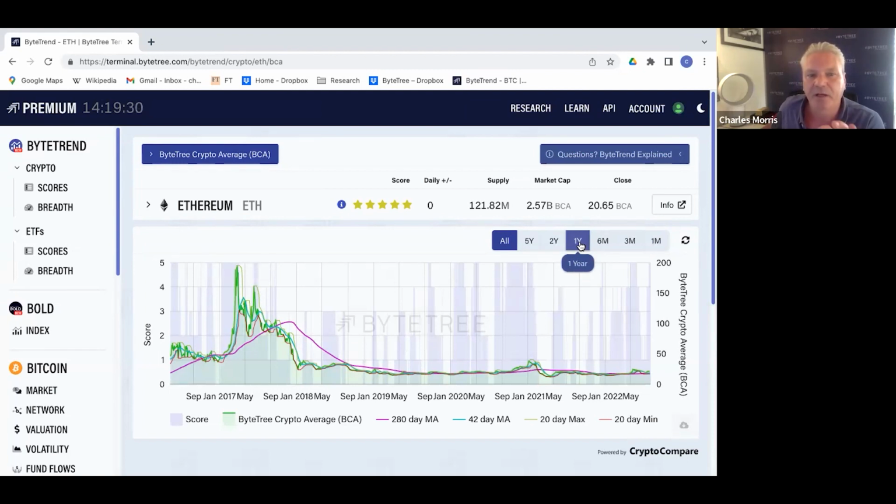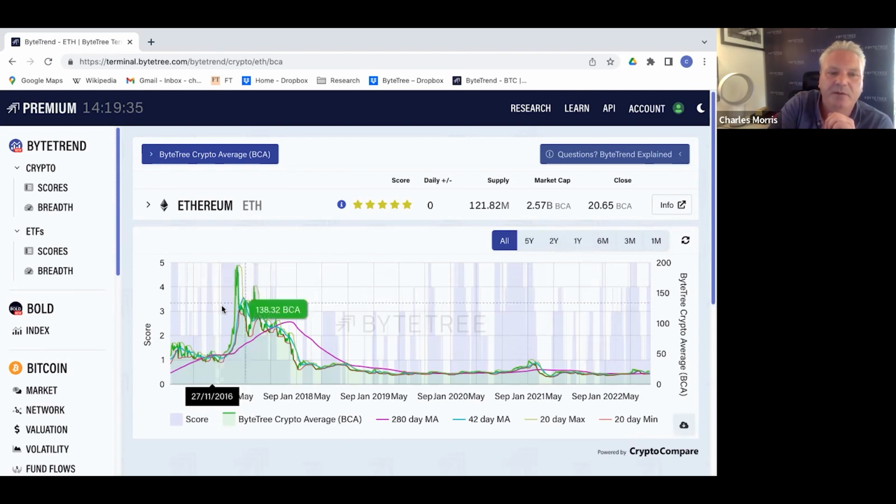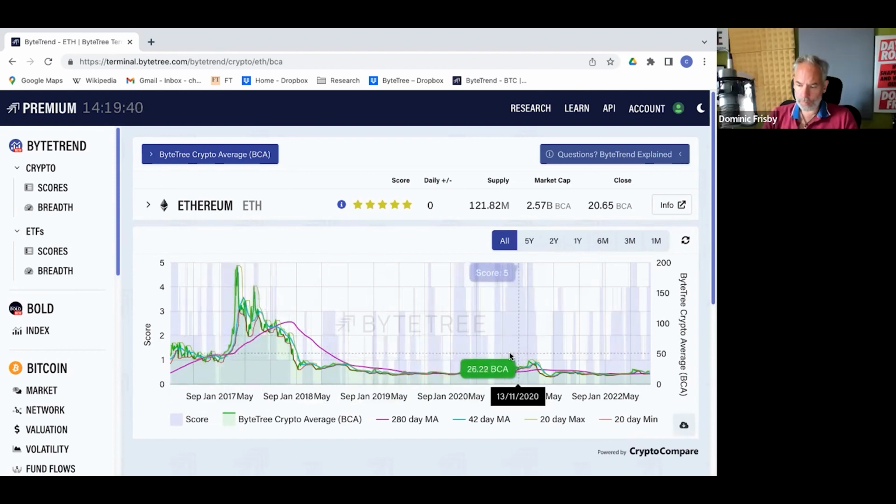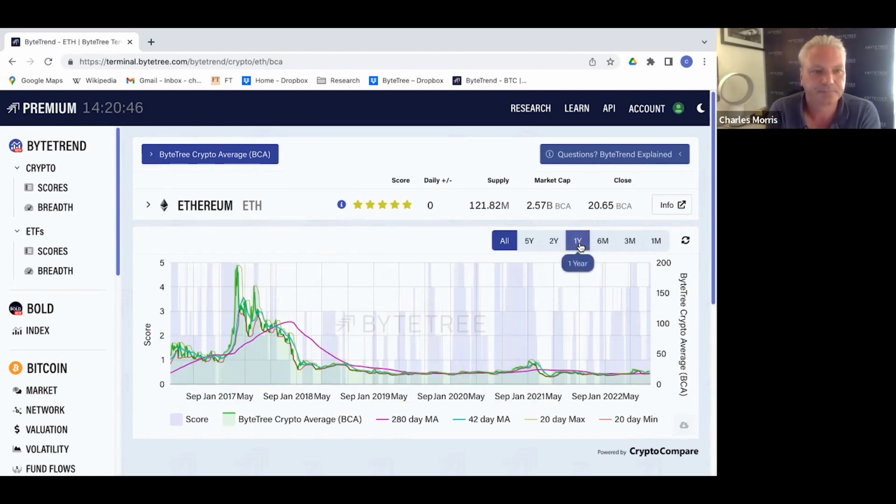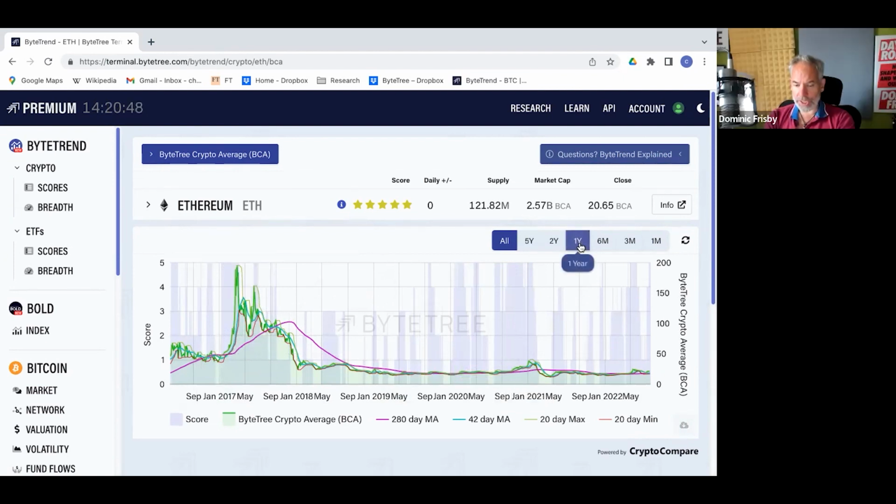But looking at Ethereum relative to the ByteTree crypto average, you can see that it was extremely powerful in this sort of late '17 stage, and it was pretty good in sort of 2020, '21, that era. Looking at 2016, 2017, you can see that purple line was rising, and you can see just how far Ethereum, the green line, got above its long-term moving averages.